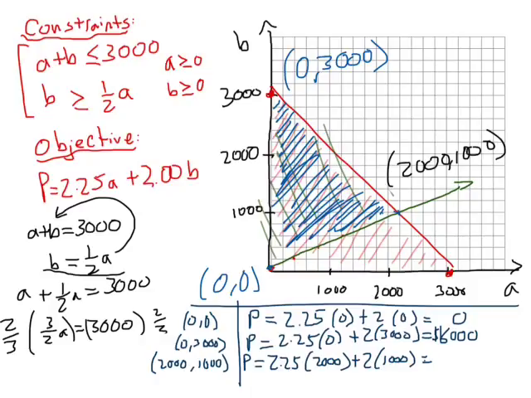So the whole grand total is going to give us 6,500. And there's our maximum profit according to the constraints that we have and our profit function that's given to us. And that's how we solve a system of inequalities and use linear programming to maximize or minimize an objective function.